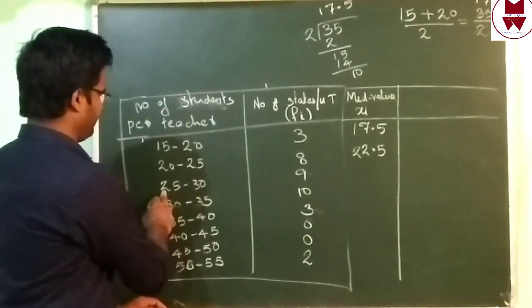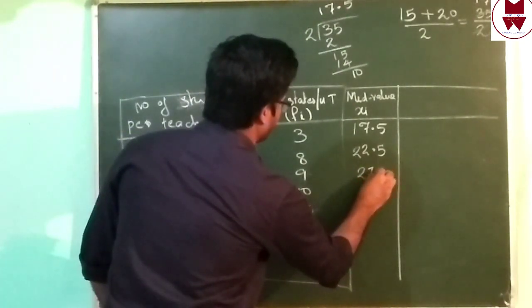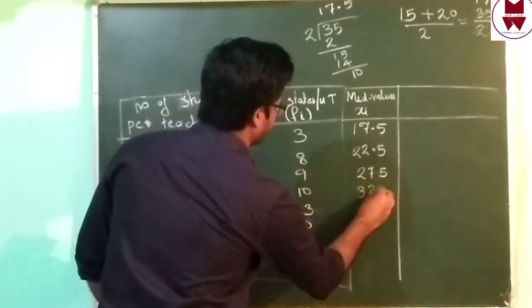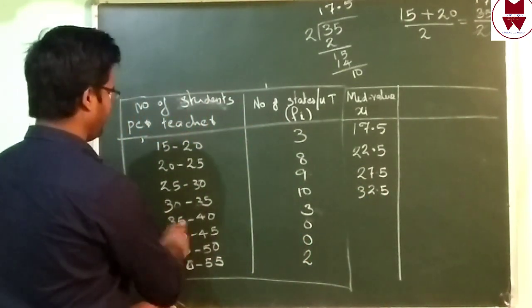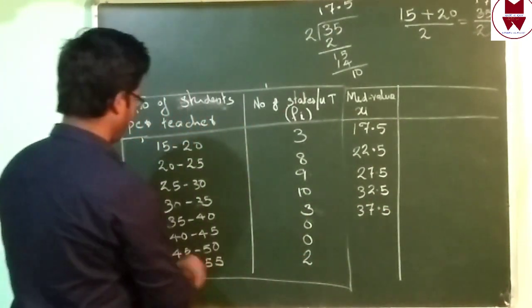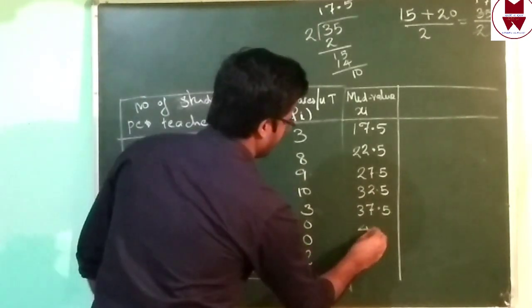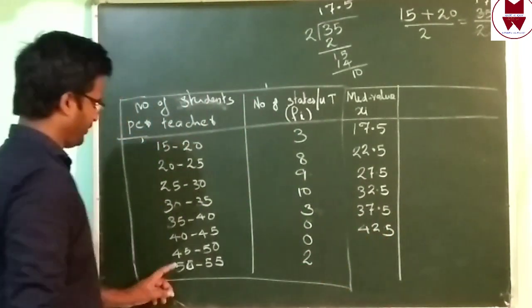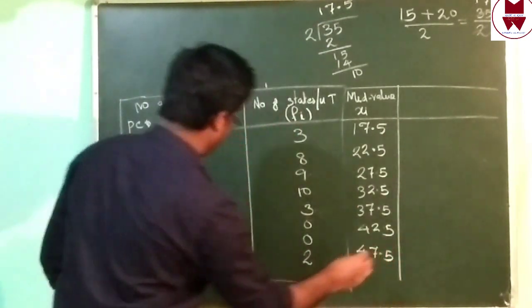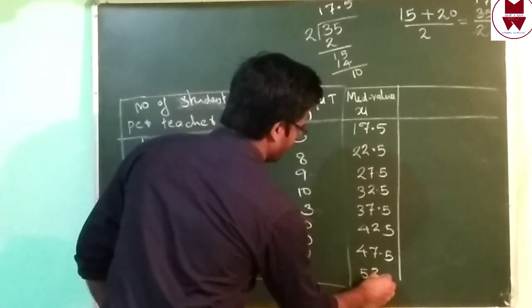Then in between 25 and 30 is 27.5, 30 and 35, 32.5, 35, 40, 37.5, then 40 and 45, 42.5, 45, 50, 47.5, the last 50 and 55 will get 52.5.